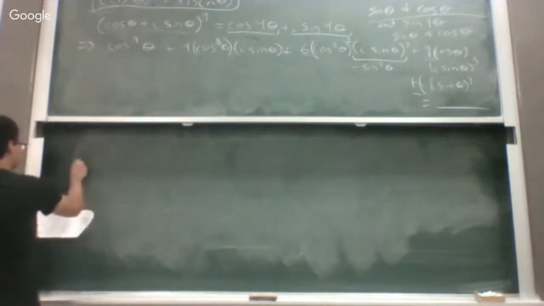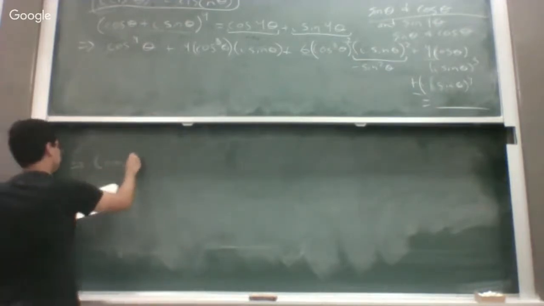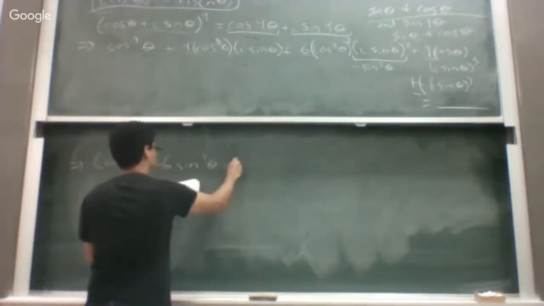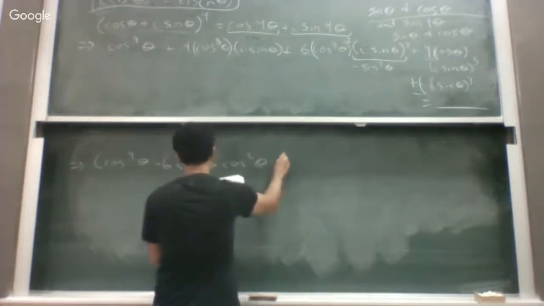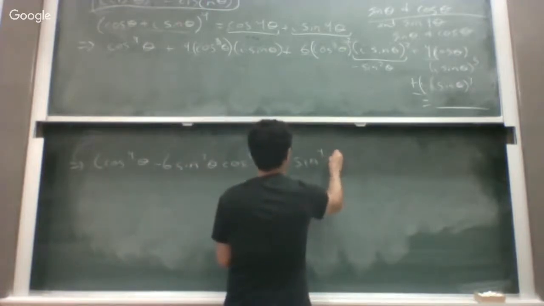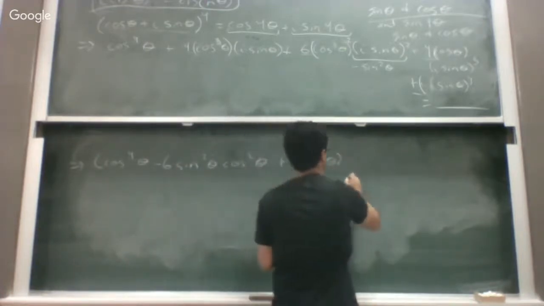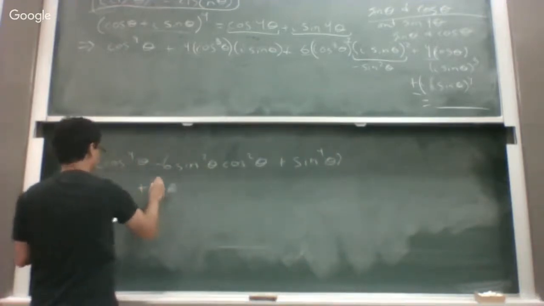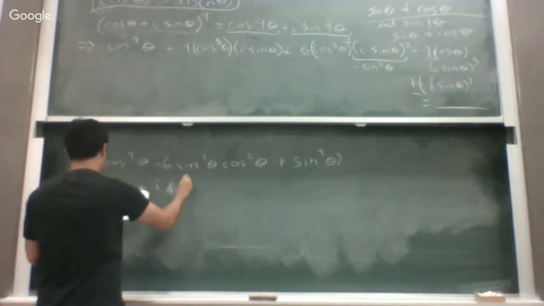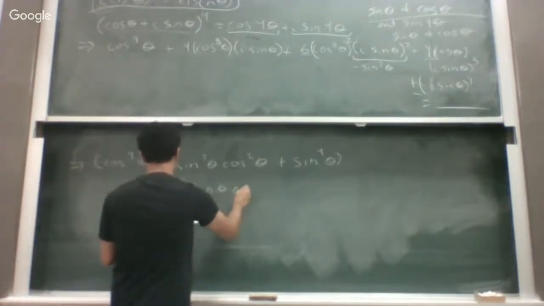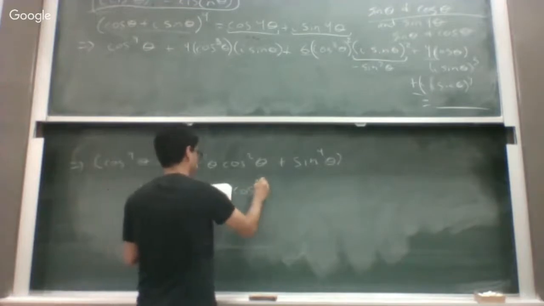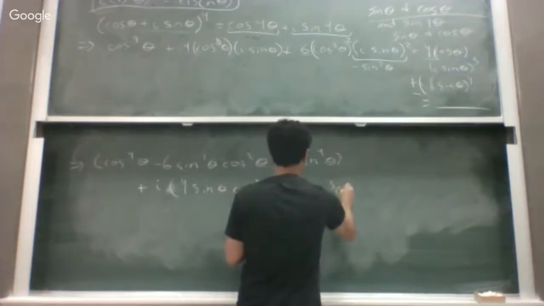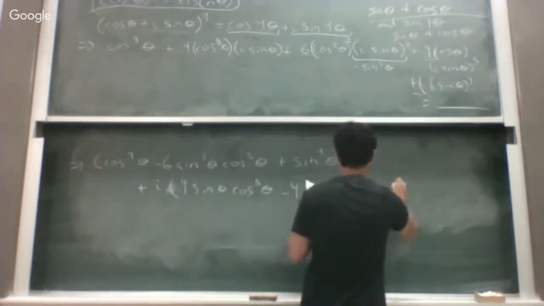So then grouping them, we have cosine to the fourth theta minus 6 sine squared theta cosine squared theta plus sine to the fourth power theta, plus i times 4 sine of theta cosine cubed theta minus 4 sine cubed theta cosine of theta.